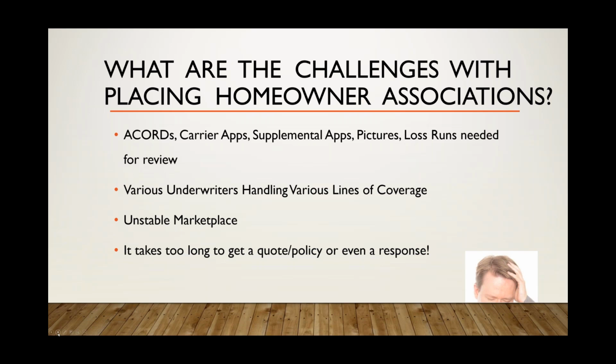At the end of the day, it really gets to be very difficult if you have to get multiple options for your insured, for your applicant. And then with that, since there are lines like property, general liability, directors and officers, crime, all of these different things, you very well could have multiple underwriters handling the various lines of coverage and not necessarily coordinating. They could be with different companies, and it can be a very difficult process.